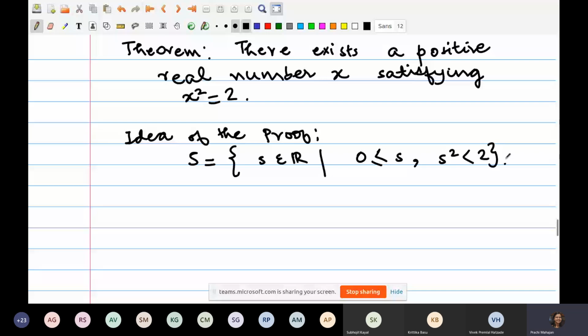Hence, by the completeness property of R, this set has a supremum in R. So we showed that the supremum of S exists in R.